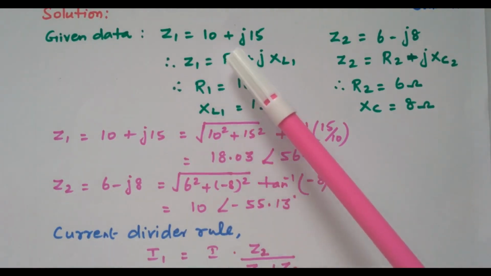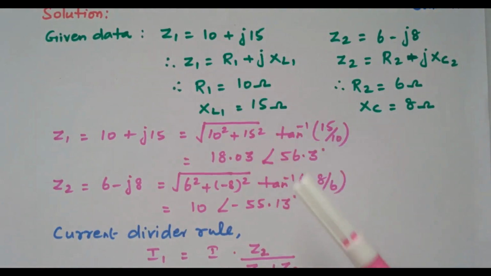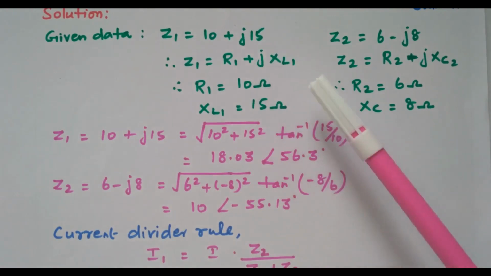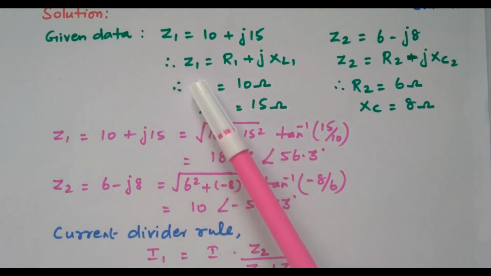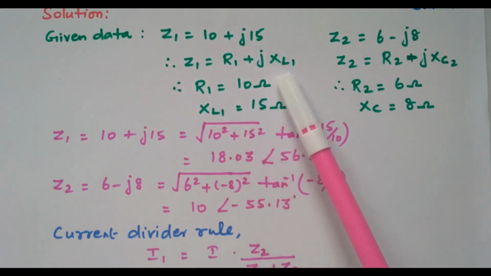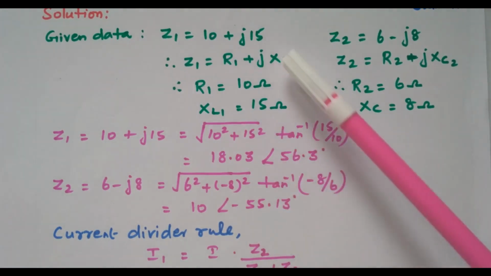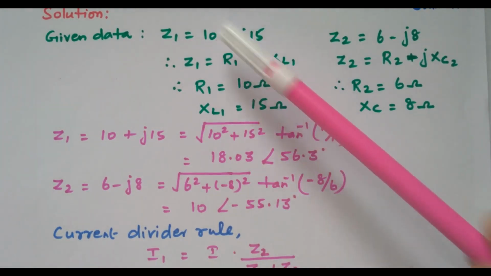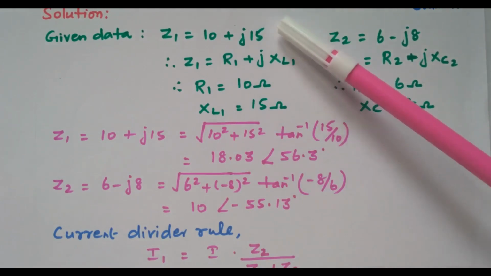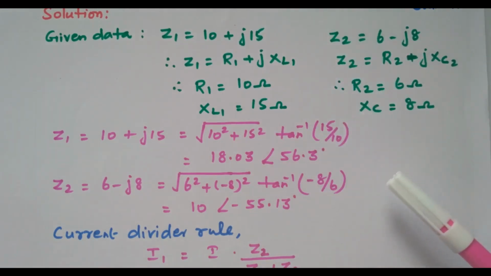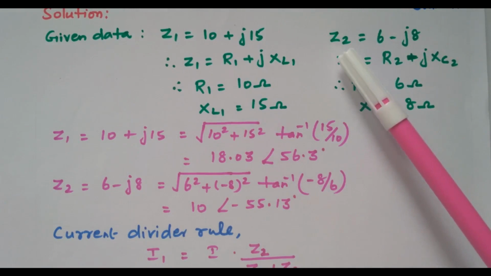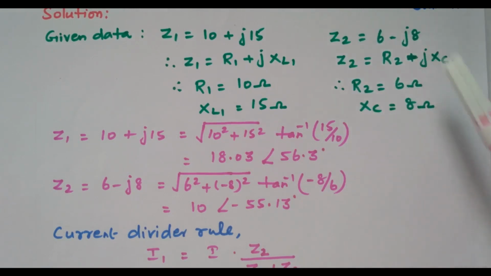Z1 equal to 10 plus J15. So, this plus J refers to an inductor. So, Z1 equal to R1 plus JXL1. By comparing these two, R1 equal to 10 ohm, XL1 equal to 15 ohm. Similarly, the second network Z2 equal to 6 minus J8.